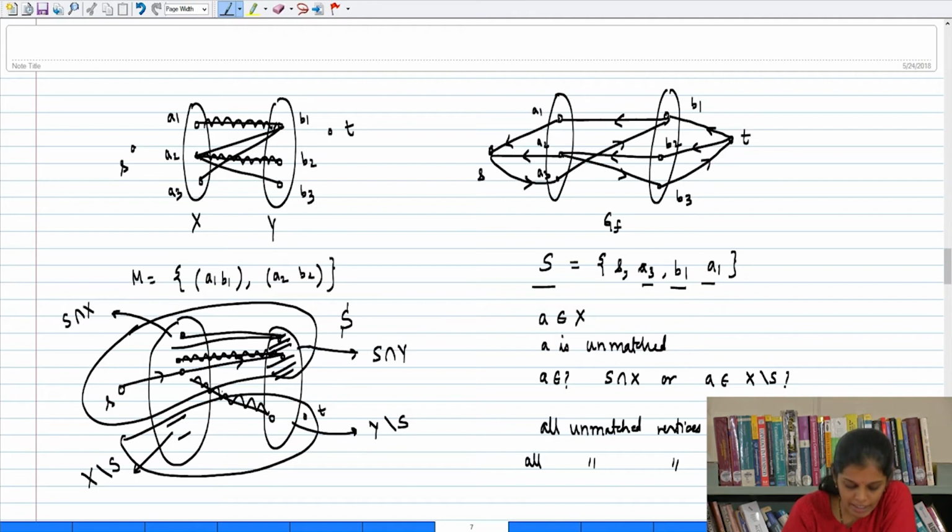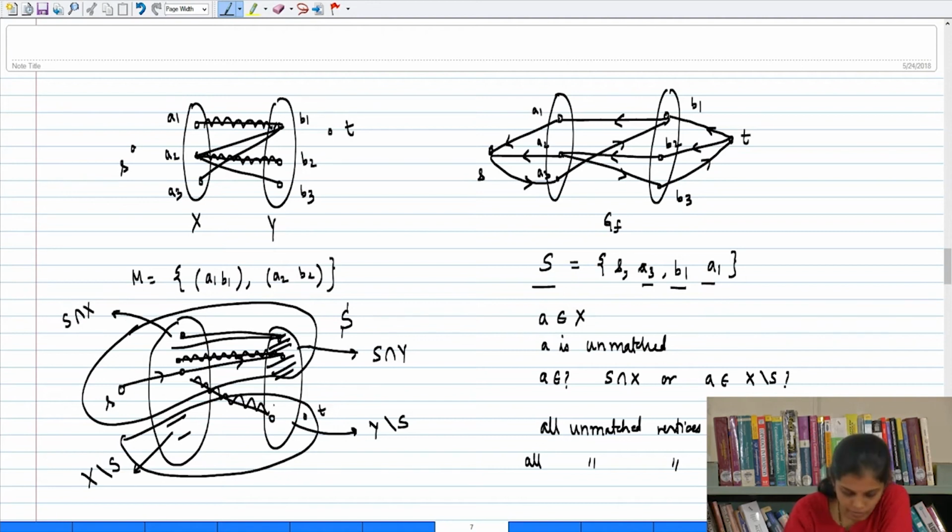So therefore there cannot be edges of this form which are matched, because every matched vertex belonging to this set S intersection X has its matched neighbor belonging to the set S intersection Y. So therefore you cannot have vertices which are matched in Y minus S and still have their matched partners here.